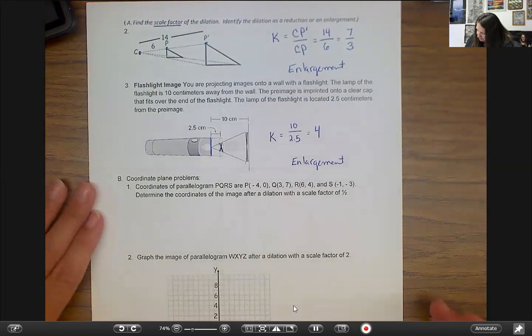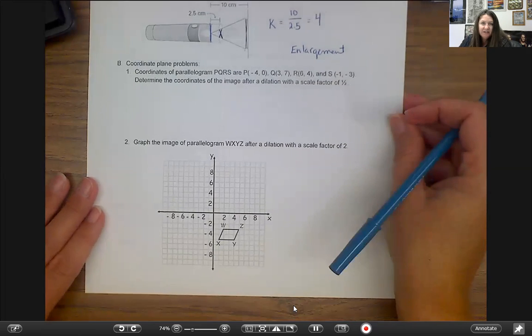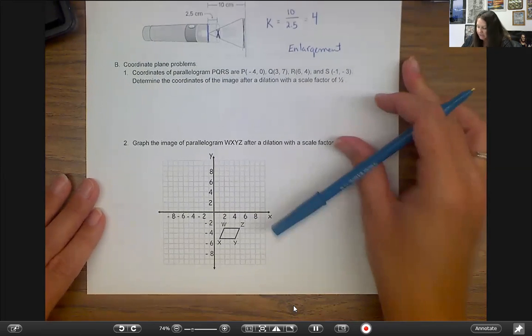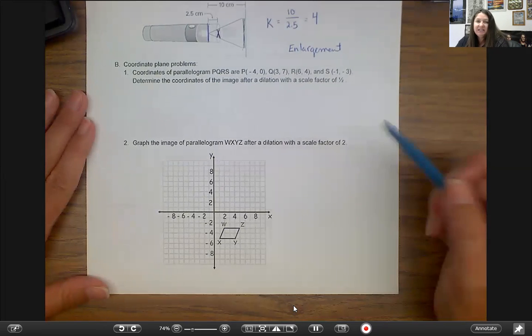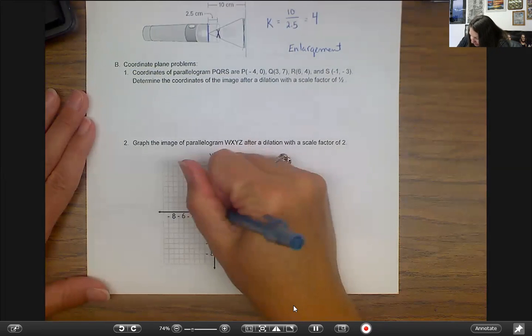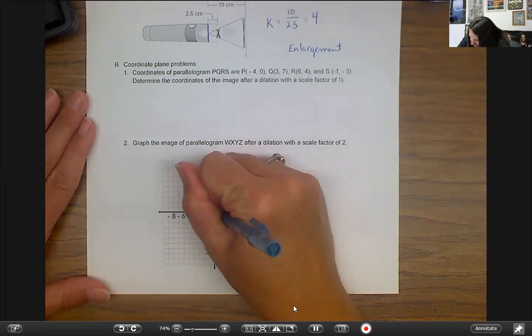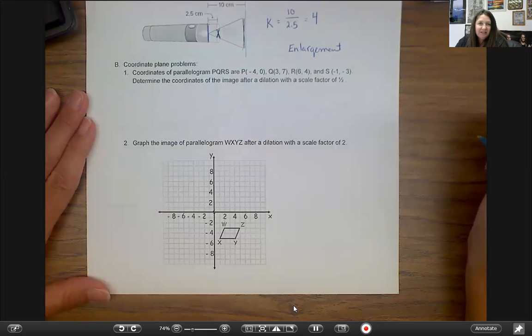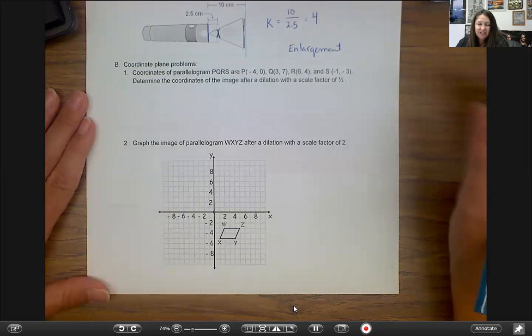All right, now in our next problem, we're going to work with placing those dilations on our graph. As we begin to look at these coordinates, we want to understand that when we're on the graph, we're going to take the origin as our center of dilation here at the beginning.